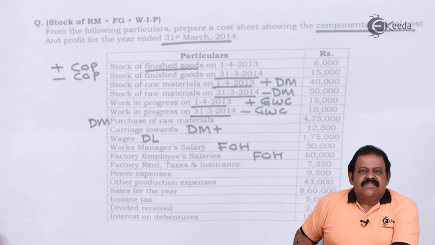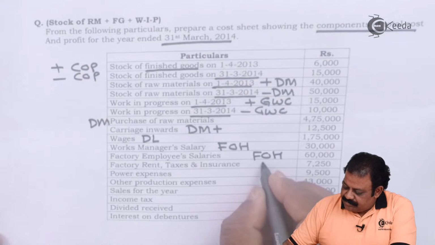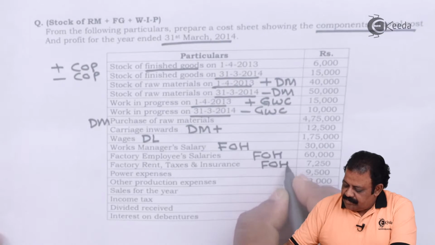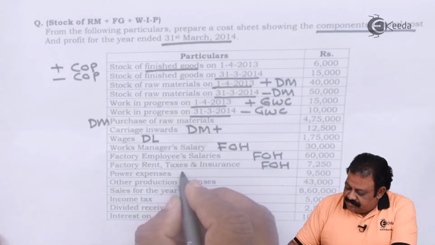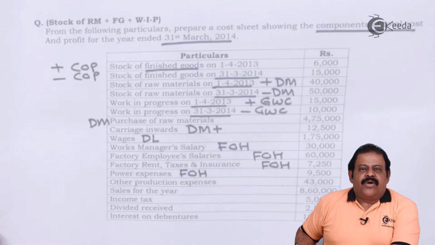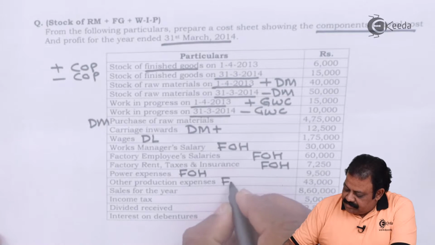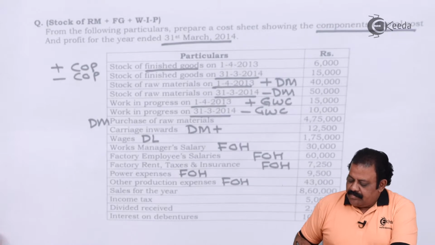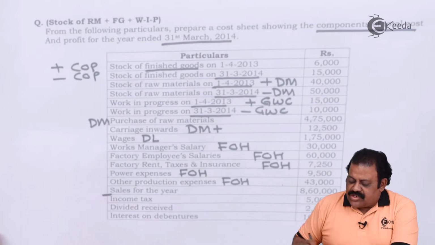Factory rent, taxes, insurance, factory overheads. Power expenses, factory overheads. Other production expenses, factory overheads. Sales for the year. This is the last item of the cost sheet.